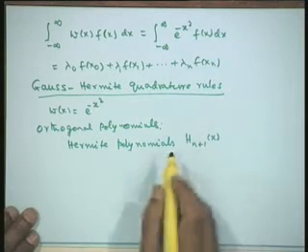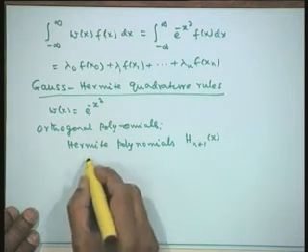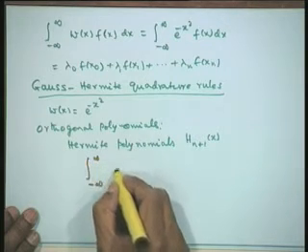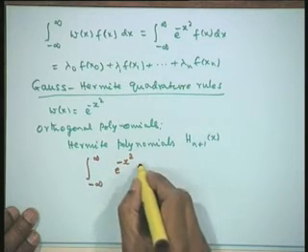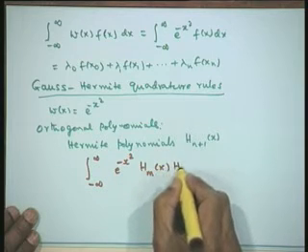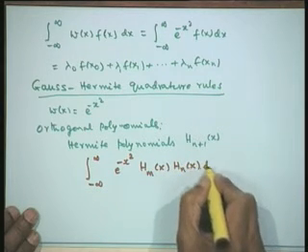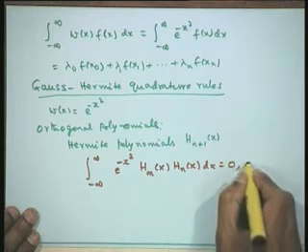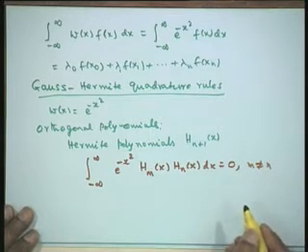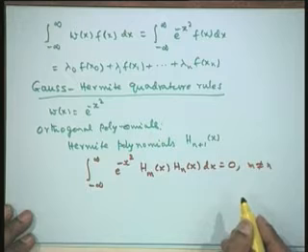The orthogonal property of these Hermite polynomials is the integral from minus infinity to infinity of exponential of minus x squared h m(x) h n(x) dx is equal to 0 for m not equal to n. So, this is the orthogonal property of the Hermite polynomials.